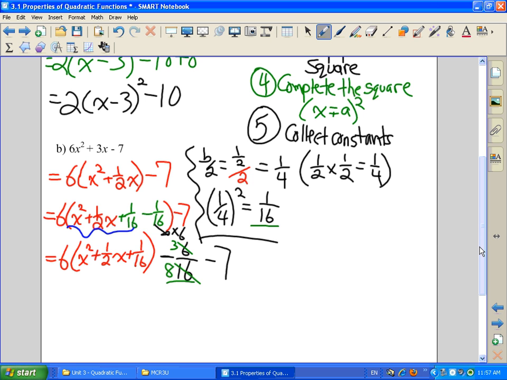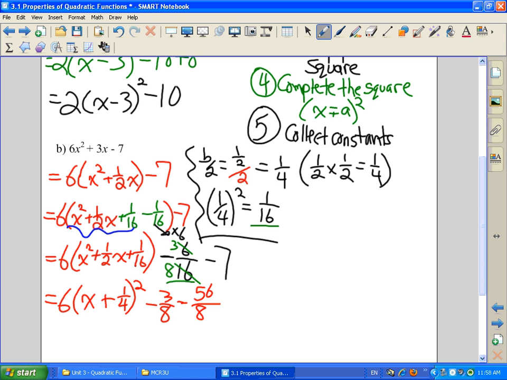All right, next step, I'm actually going to complete the square, which is going to be x, and then I'm going to go plus 1/4 squared, and then I still have to collect these like terms. So I've got -3/8, and again, when you're subtracting or adding fractions, you need to have a lowest common denominator. So I've got to make this out of a base of 8, which means -7 times 8 is 56.